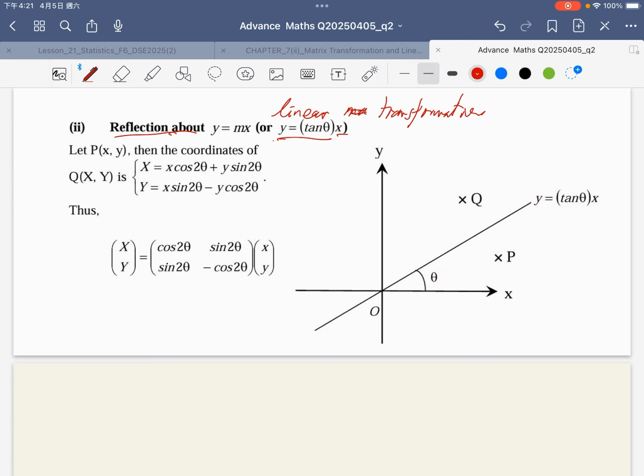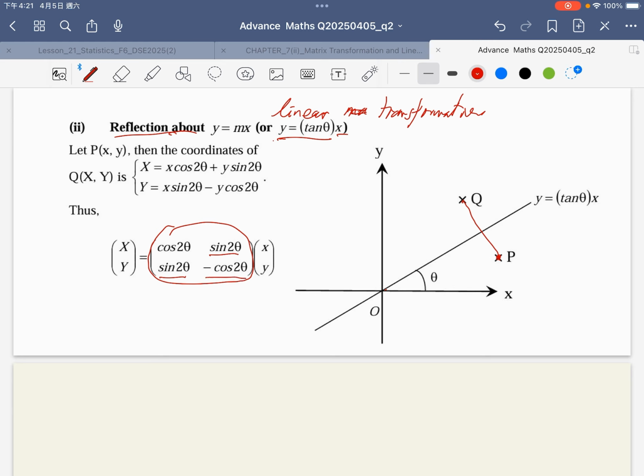If we reflect along y equals tangent theta times x, we can see that the transformation matrix should be equal to [cosine 2 theta, sine 2 theta; sine 2 theta, negative cosine 2 theta].